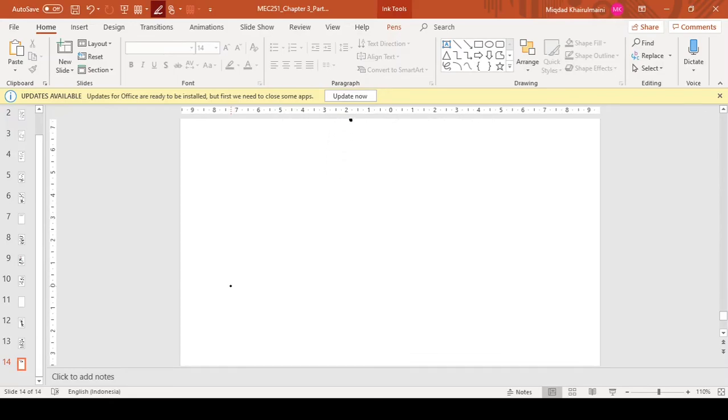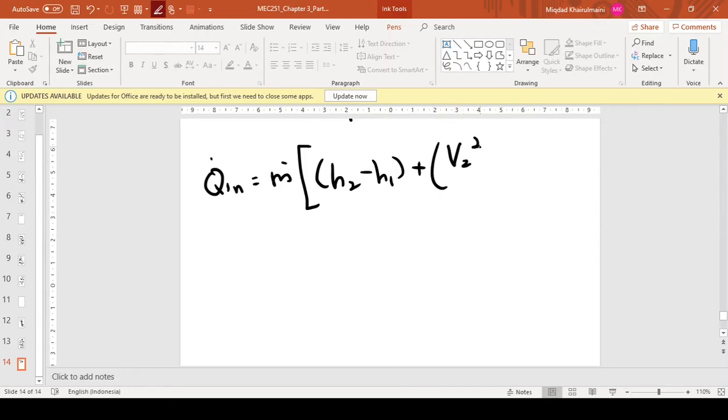And then finally, for our mass flow rate, from our equation, Q in equals m dot, be careful of the brackets, (H2 minus H1) plus the kinetic energy term. This was our equation just now, so we can always write it down again.